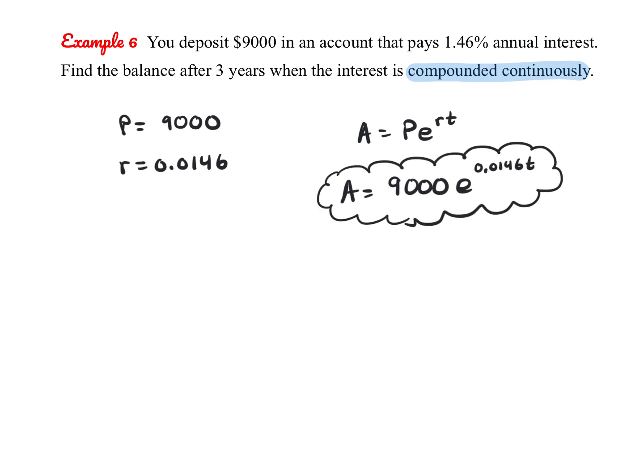And so if we want the balance after 3 years, again, I'm going to plug in T equals 3. So we have 9,000 times E to the power of, make sure you're grouping your exponent, 0.0146 times 3. So we'll plug this into our calculator. Give me 1 second.